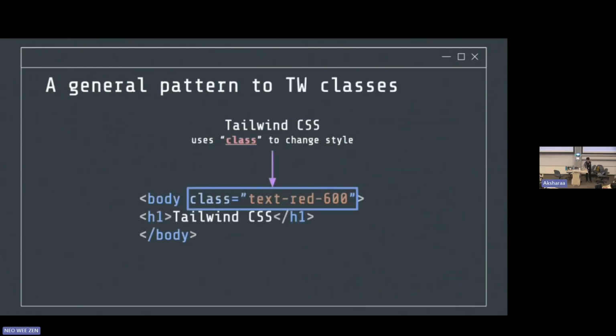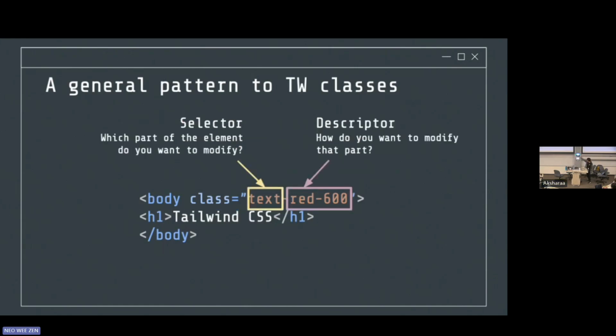But essentially, this is how a Tailwind class looks. It describes how you want to change the text. How does it do that? First, you have this yellow part over here, which is what I call a selector. It selects which part of the tag you want to change. Do you want to change the background, the text, or the margin, border, padding, whether it's rounded or not? And then over here, you have the descriptor, which says how you want to change it.